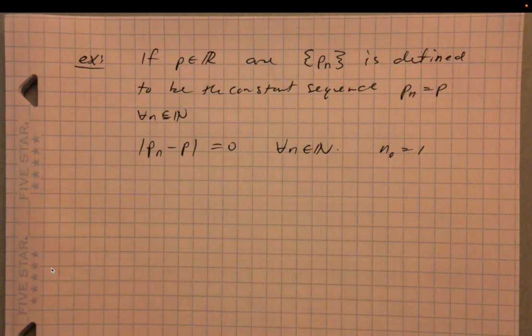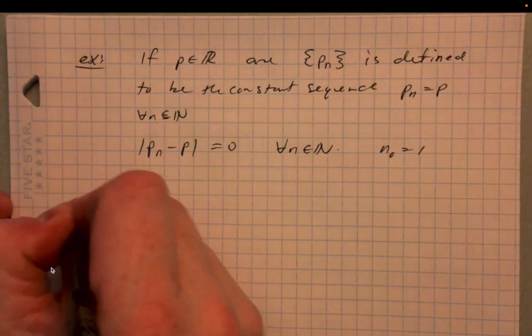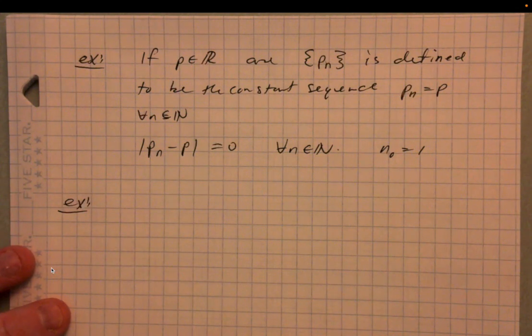So this one fits inside the definition. It's just the trivial example where the first term of the sequence is really the key n naught here. It's the term that works for any epsilon, as small as epsilon can possibly get. This one works.